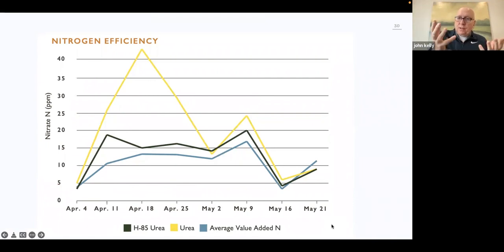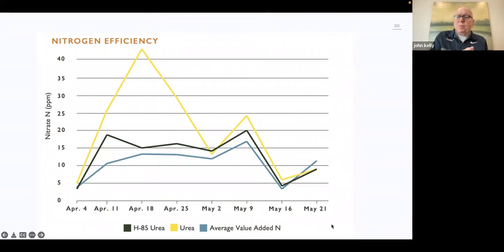And you see a lot of leaching, a lot of losses occur. The blue line is a compilation of a number of what we call slow release or nitrification inhibitor technology. What that does, it inhibits the ability of the ammoniacal nitrogen to convert to nitrate. And of course, you can see a more gradual release.